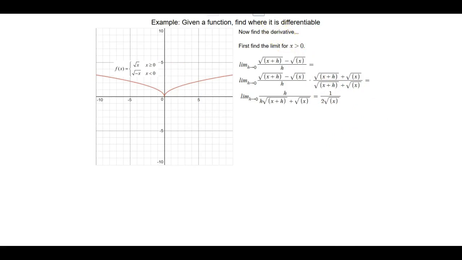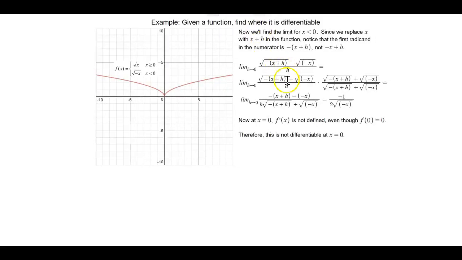But just for fun, I'm also going to look at the limit for x less than 0. So this part, the difference quotient again, and I wanted to point this out because it's easy to make the mistake of plugging in minus x plus h. But remember, you're evaluating the function of the quantity x plus h.